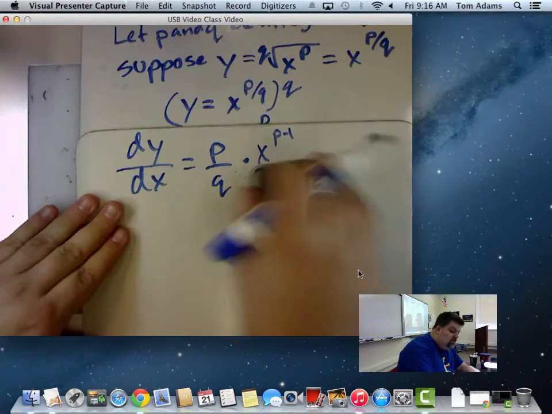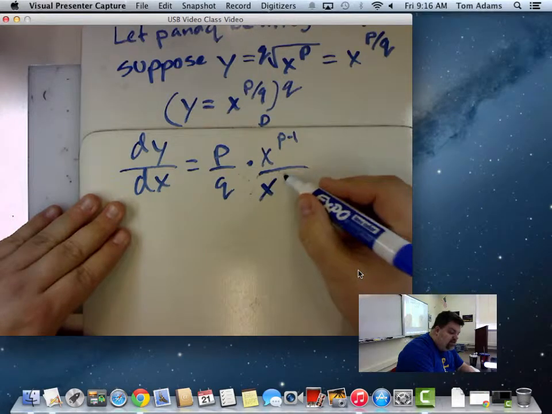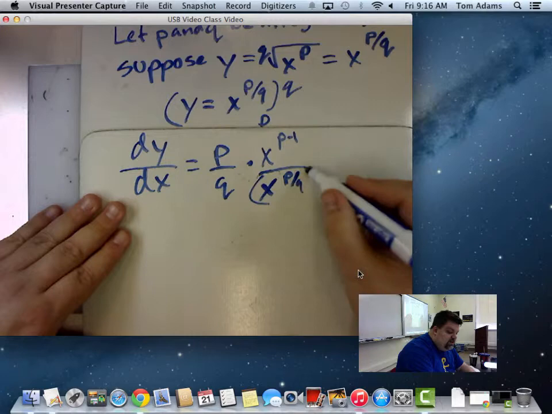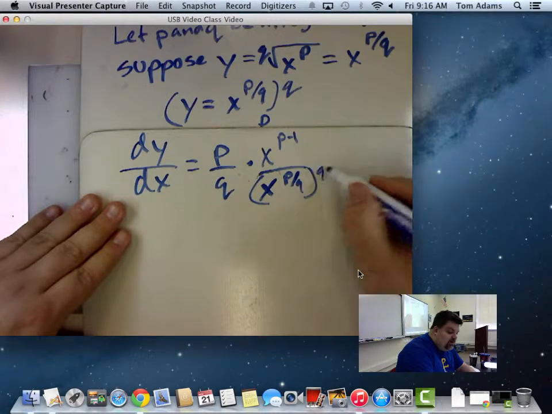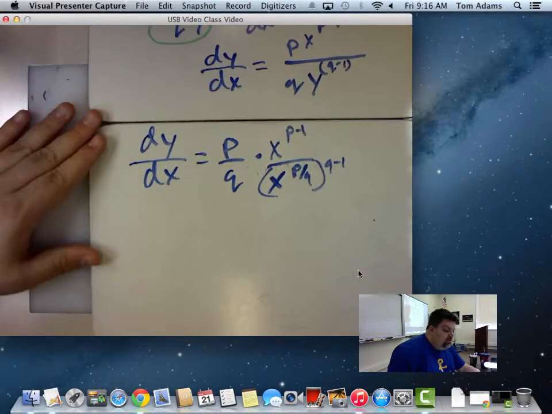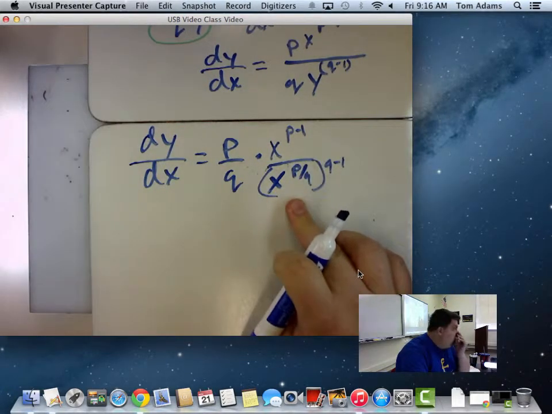Let me write it a little bigger. So if I replace the y with x raised to the p over q, that's going to be raised to the q minus 1. Do you guys see where that comes from? I'm just replacing this y with x to the p over q.